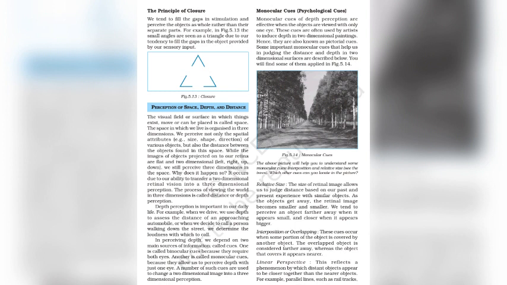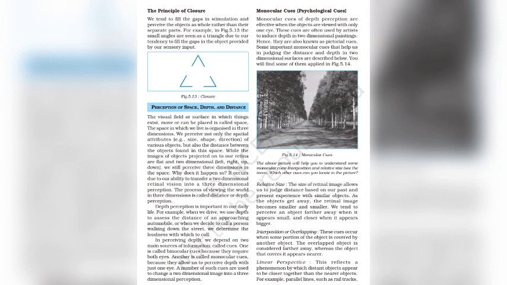Retinal disparity occurs because the two eyes have different locations in our head. They are separated from each other horizontally by a distance of about 6.5 centimeters. Because of this distance, the image formed on the retina of each eye of the same object is slightly different. This difference between the two images is called retinal disparity.